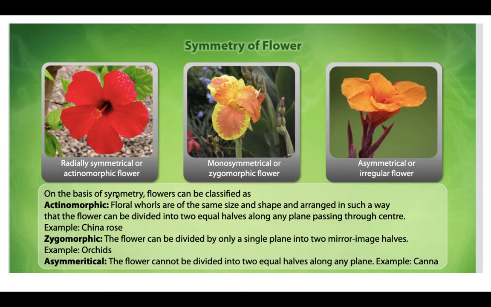When we observe the symmetry, floral whorls are of the same size and shape and arranged in such a way that the flower can be divided into two equal halves along any plane passing through the center or axis. Example is China rose that you are already observing here. And another type of flower on the basis of symmetry is termed zygomorphic, or monosymmetrical flower.